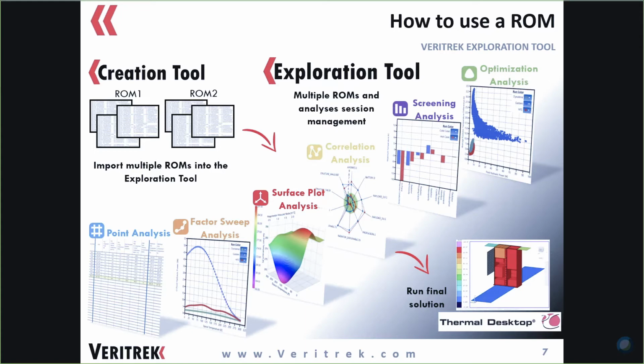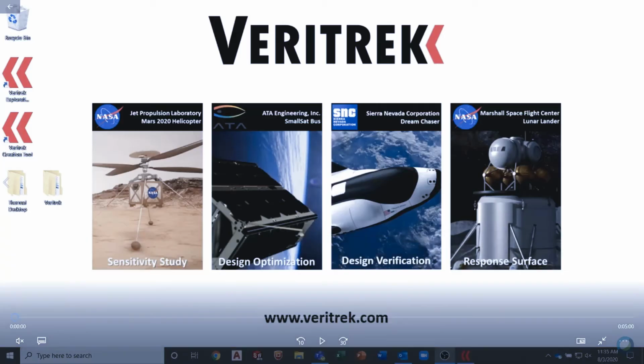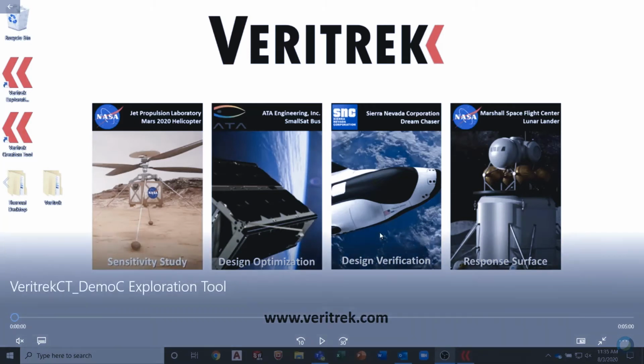The exploration tool has built-in ROM and analysis session management, so you can import multiple ROMs from multiple thermal models and perform multiple analysis types, and we try to make that as intuitive and easy on the user as possible, keeping everything organized.